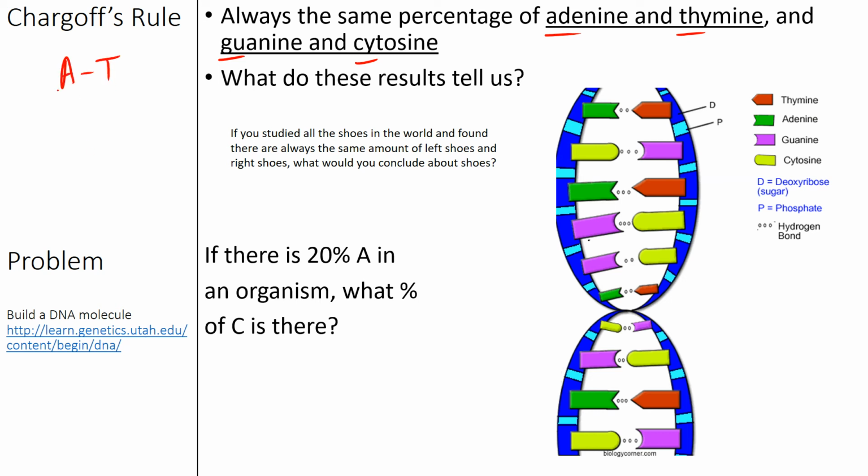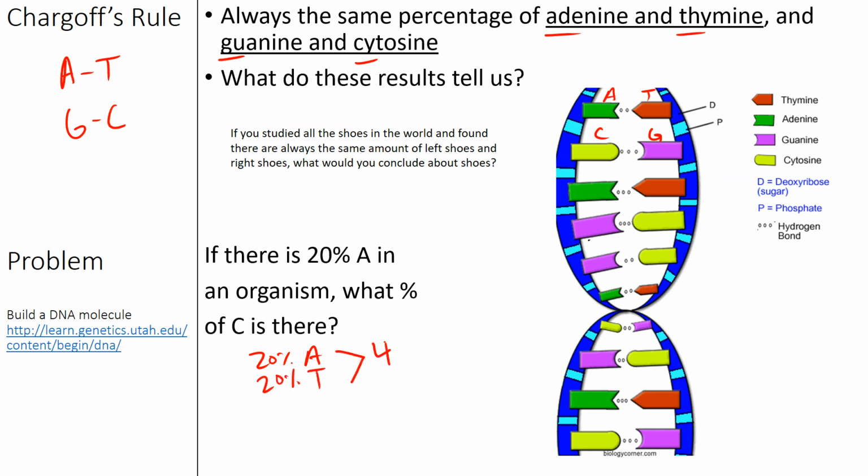A is going to pair with T, and G is going to pair with C, and that's also what we see here. This is an A, and the red is a T. This was a C, and this is a G. So now we can do this question. If there is 20% A, and all you need is a little knowledge of percentages, what percentage of T should there be? Well, there should also be 20% thymine.